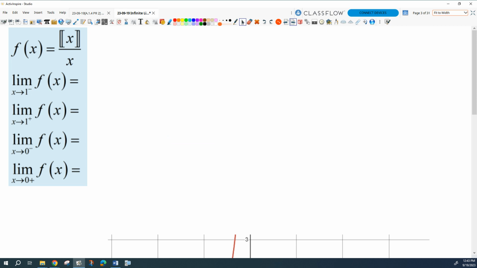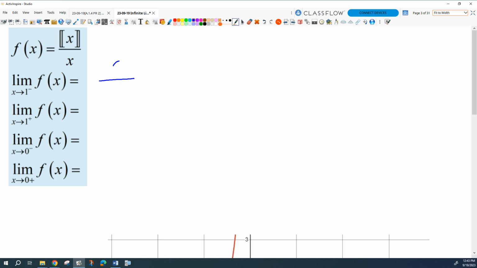Okay, so what are we going to get when we try to evaluate this limit directly? If I'm taking a value slightly less than 1 and inputting it, what am I getting on the top? Everybody agree I'm getting 0? If I've got a number like 0.9, I'm going to round down, and that's really all it's doing, is rounding down to the next integer, right?